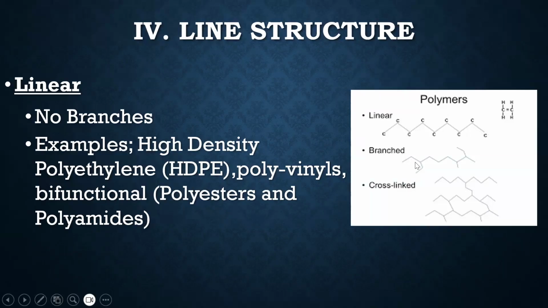While the branched, there are some branches that emerge from the linear chain. The cross-linked, the branches form cross-linking with other chains of the polymer, forming this cross-linked chain.